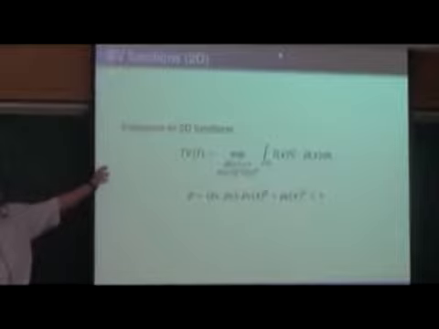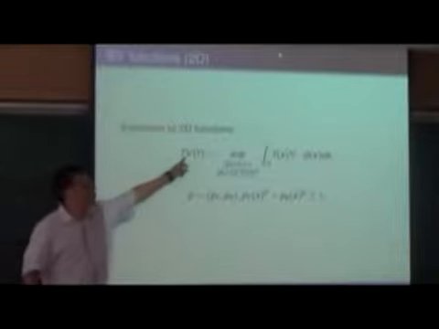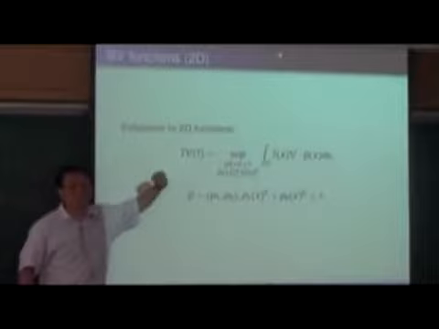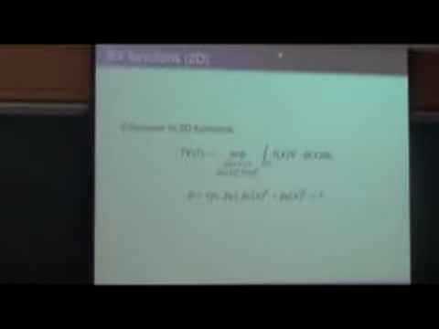If the total variation is finite, then you call it a function of bounded variation. Mostly the functional space is called the BV space. This is just another variant of the total variation.